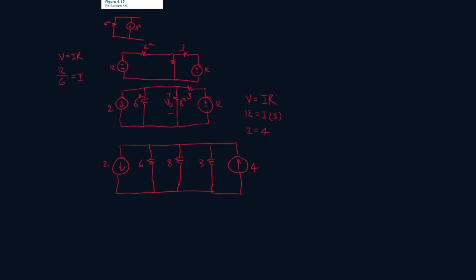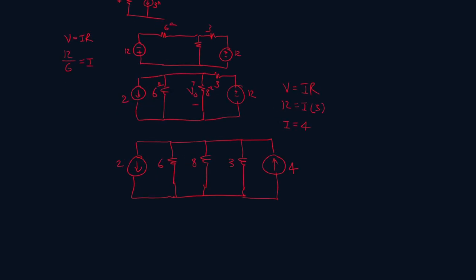Now I can do something crazy. I have this current source here and this current source here. I can actually add them up, assuming the node here and the node here are the same. Notice how this is one node and both the 2 amp current and the 4 amp current are connected to it, and the same with this portion as well.